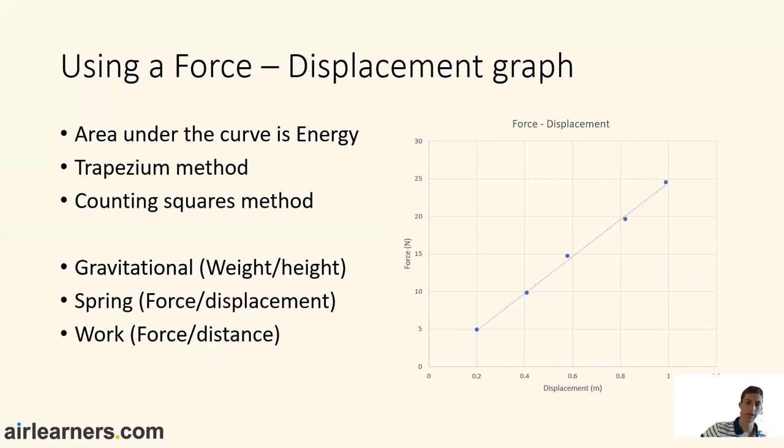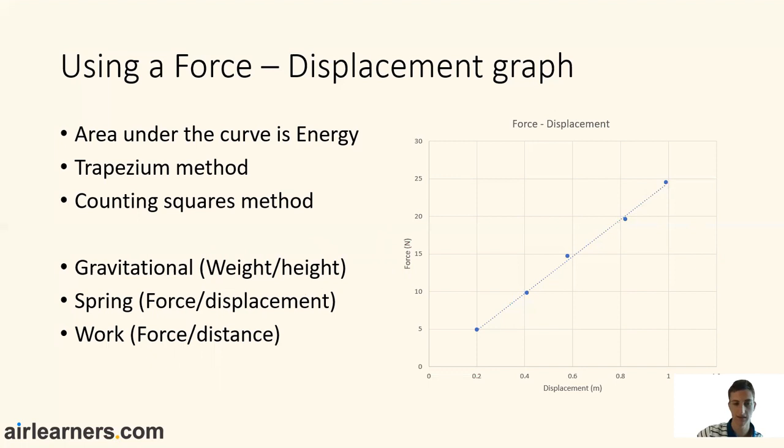Now, in terms of application, if we had, for instance, instead of force over here, we had weight, and instead of displacement, you had height, you would get the same thing. So the energy would be gravitational potential energy. That's a really common application in another area of study that focuses on that.